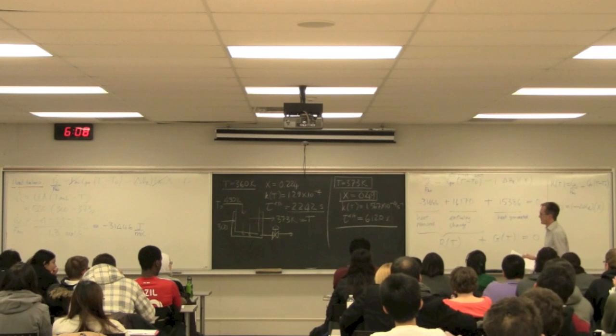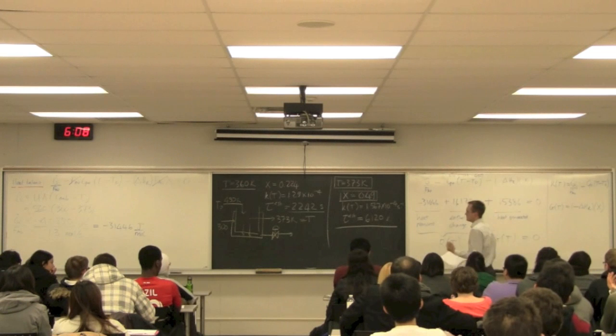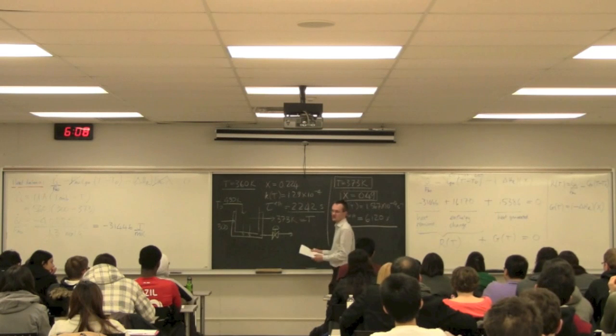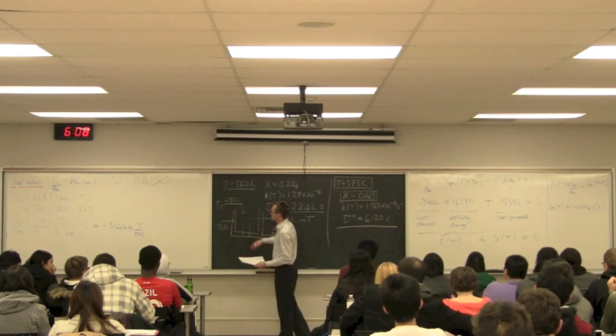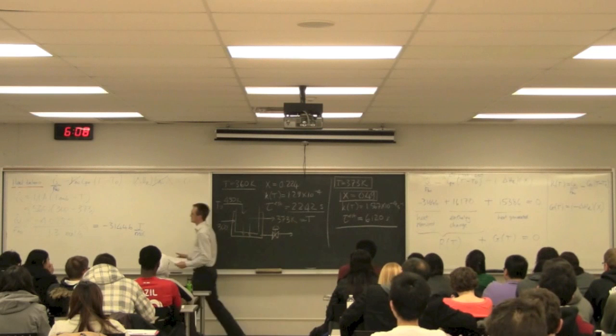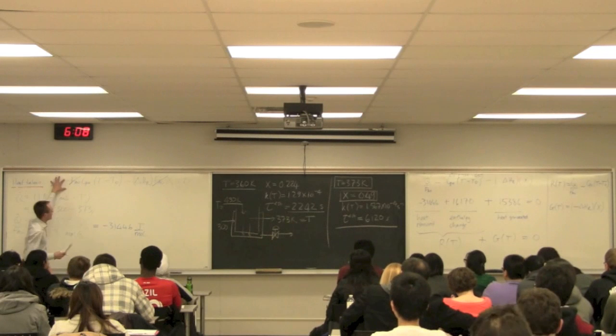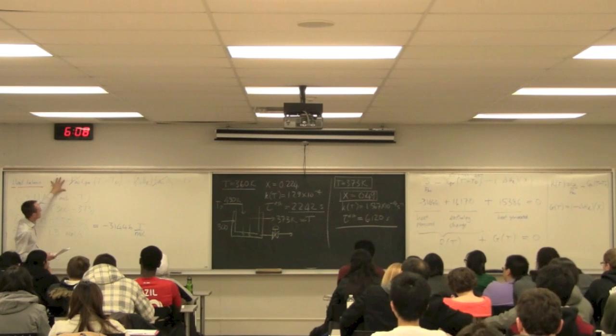We've got an exothermic reaction occurring. Now essentially what we have is an adiabatic system. So we can simply set Q naught over here to 0, and it becomes an adiabatic system.